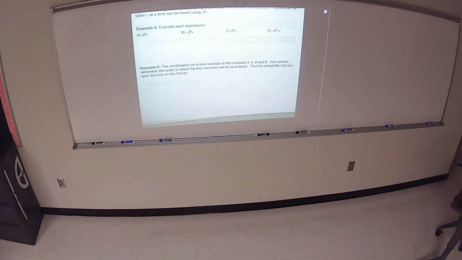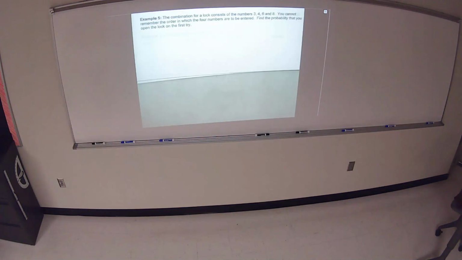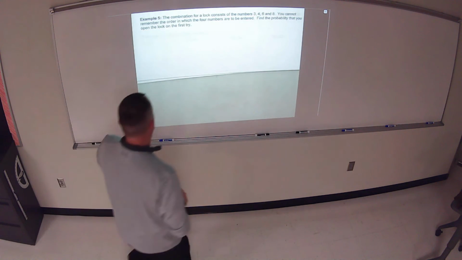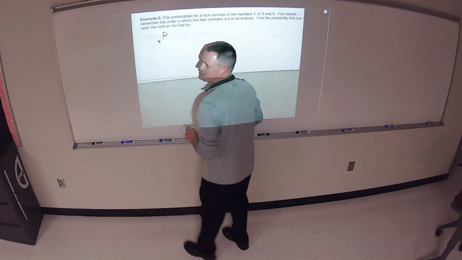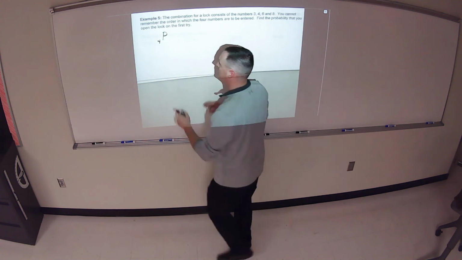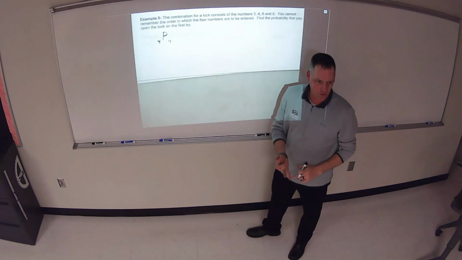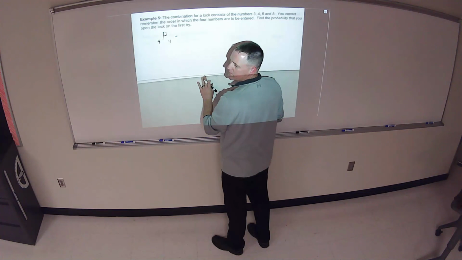So, you have 4 numbers, but you don't know the order of those 4 numbers. Is order important in this problem? So this is an example of a permutation. Okay? How many numbers do you have to choose from? 4. How many of them are you actually having to choose? 4. 4 pick 4 is 24.